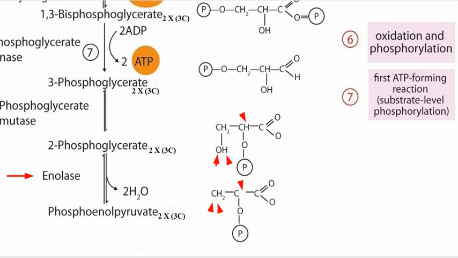The name of the molecule is 2-phosphoglycerate. 2-phosphoglycerate means 2-phosphate, because phosphate was on the second place. So let's see the thing in a different window.